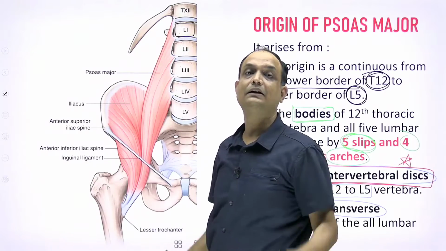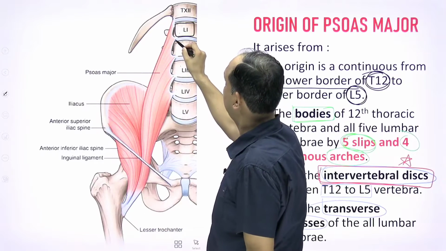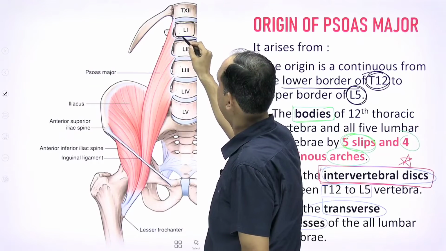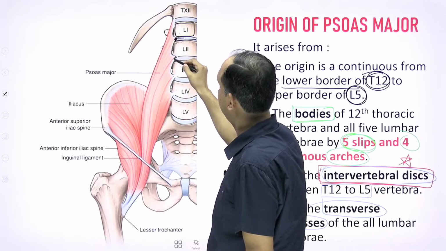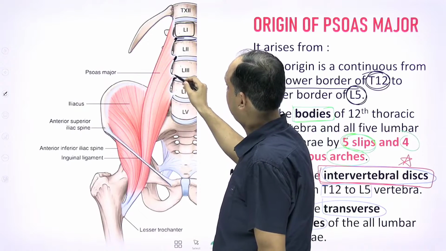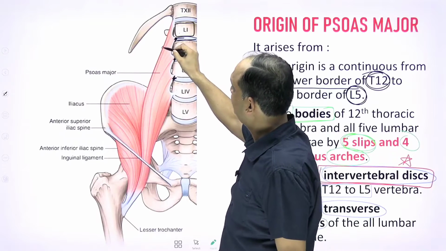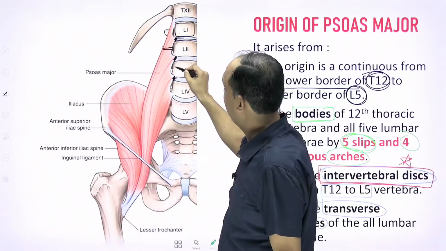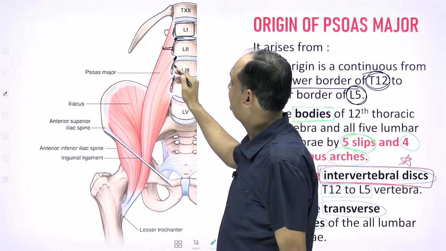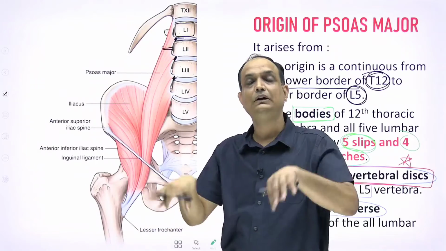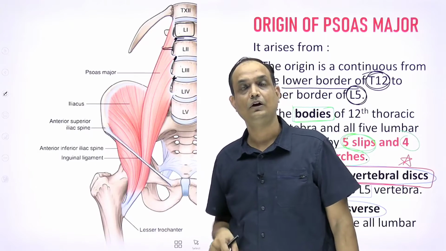Second is your intervertebral disc, which is giving the origin of these fibers arising from the disc. And the third thing is the transverse process. These are present on the posterior side and are not visible because the muscle lies on the anterolateral aspect of the vertebral column.